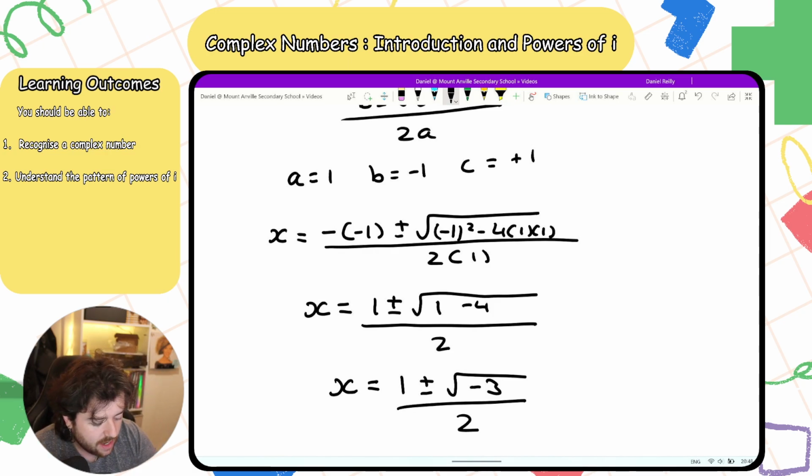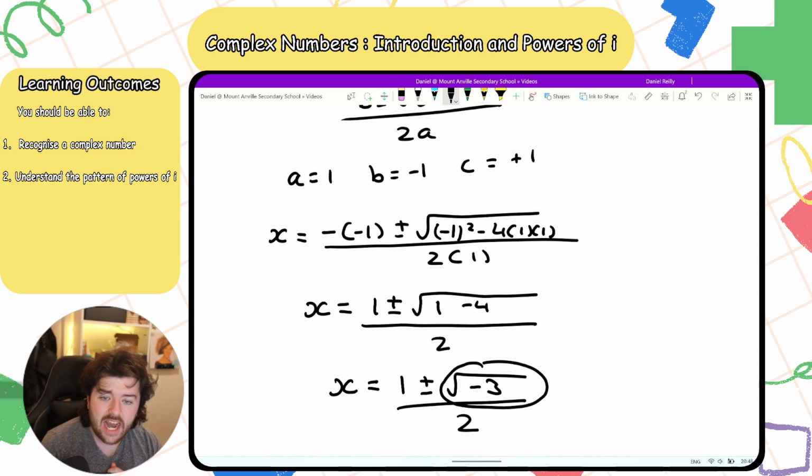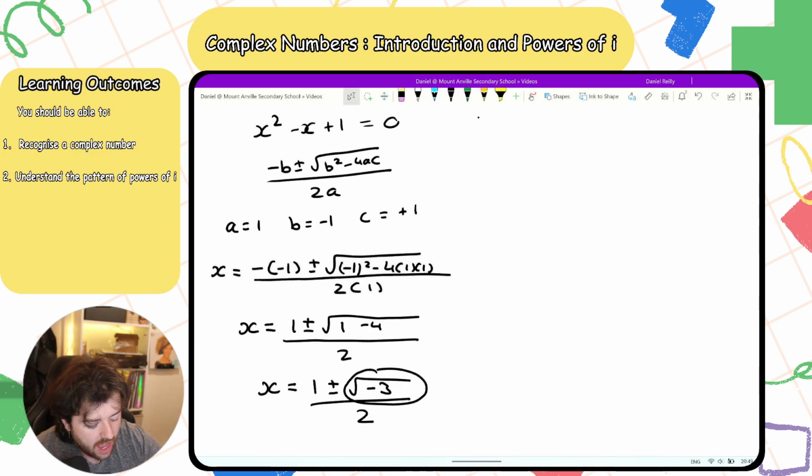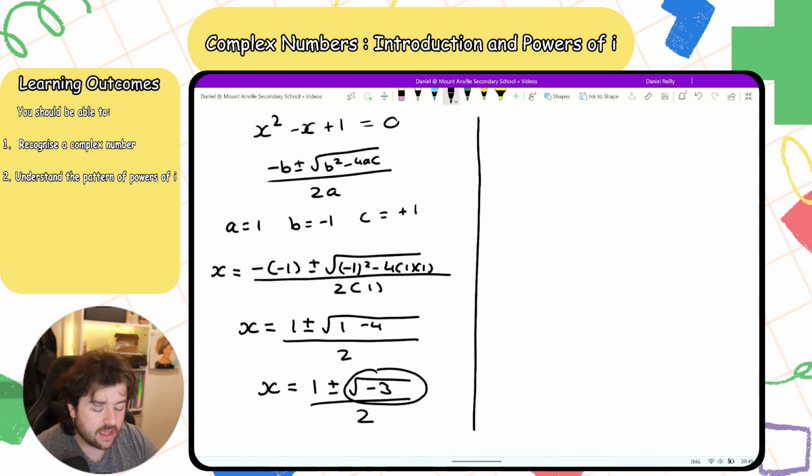Well, the issue here, to my keen-eyed viewer, is that I have a negative underneath a square root symbol. And up until now, that was a mathematical no-no. So we are going to be learning about the square roots of negative numbers in this video. Another thing to say about this quadratic is that if you were to plot it, this is a positive quadratic, so it's going to look like this.